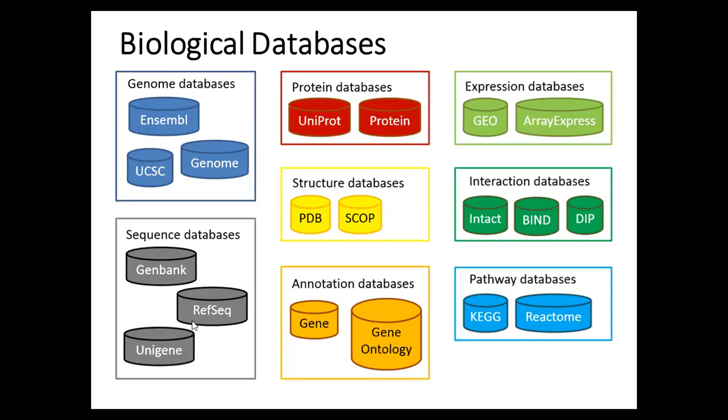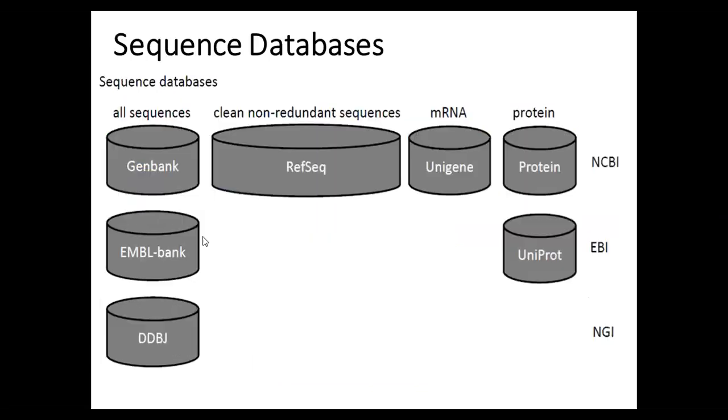Now we are going to talk about sequence databases, which is one type of database available. Sequence databases can again be divided like this: databases which contain all types of primary sequences.